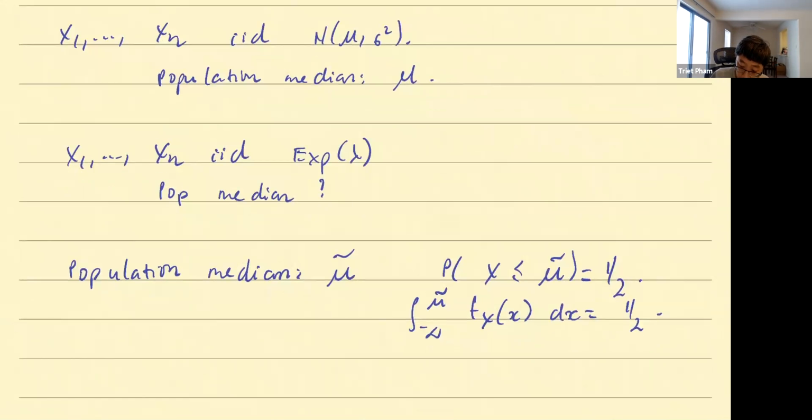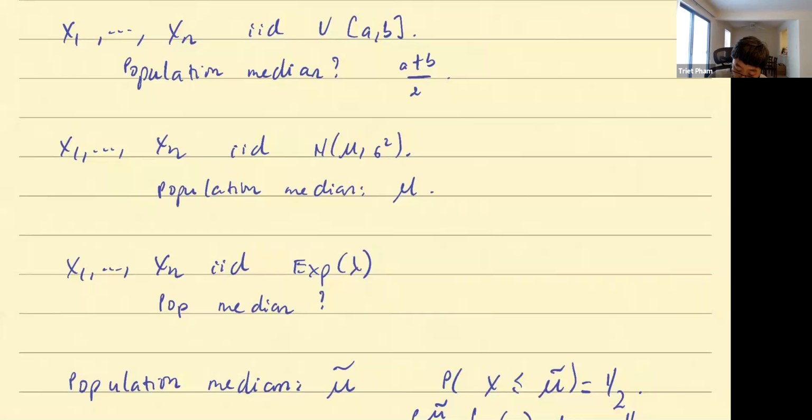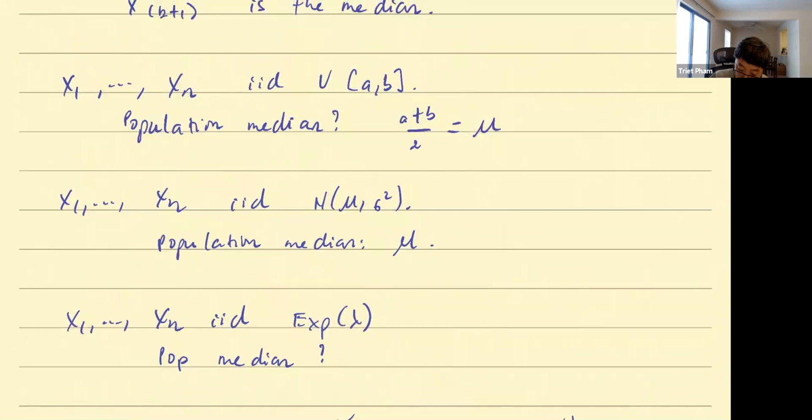So in this case, why could you come up with these answers very quickly? Obviously, you were giving the answer as mu, the population mean. But the reason you could do so is because these distributions are symmetric around mu, the population mean.